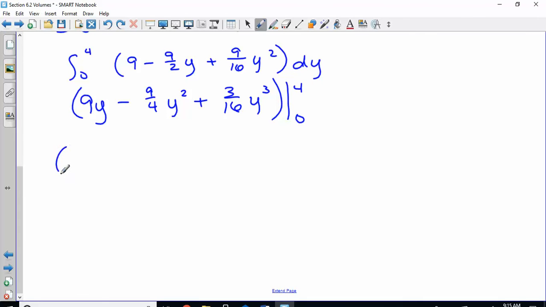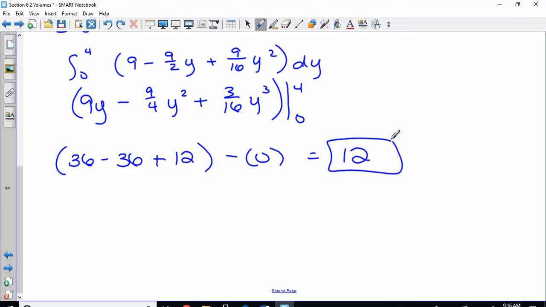So if we plug in a 4, we get 36 minus 4 squared is 16, divided by 4 is 4, times 9 is 36. 4 times 4 is 16, so those will cancel, leave us with a 3 times 4, which is 12. Minus, put in 0, you get out 0. So we get a total volume of 12.